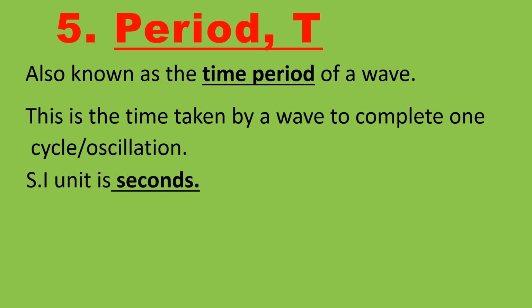The SI unit is seconds, and the relation between the period and frequency is that T equals 1 over f. In other words, the time period is the reciprocal of frequency, which implies that the frequency is also the reciprocal of the time period, which can be written as f equals 1 over capital T.